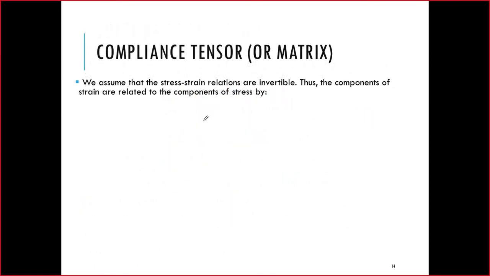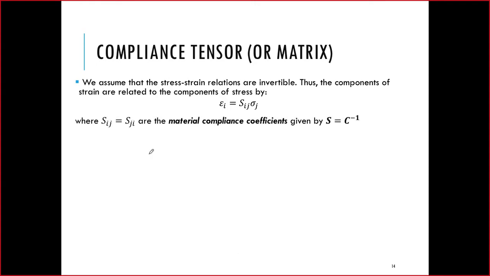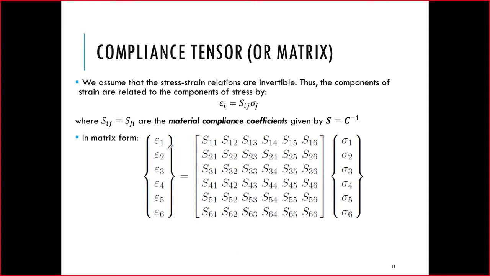Now let me go back to where I was, which is that we can actually invert that matrix relationship to write down the strains in terms of the stresses. And when we do that, we can represent it in the opposite way, which is we can find the strains in terms of the stresses.